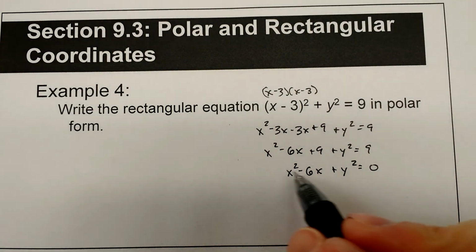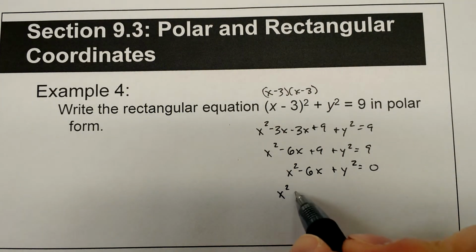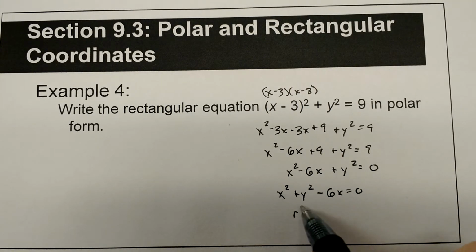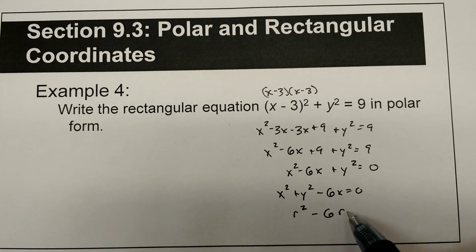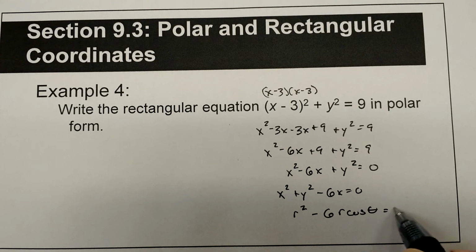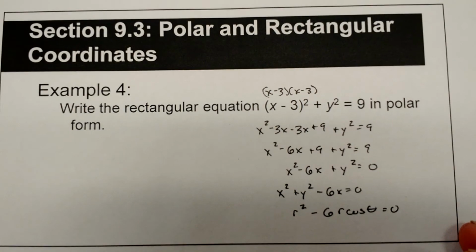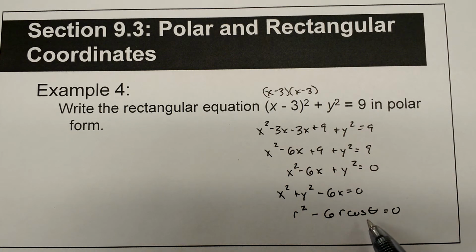Alright, so I'm going to group my x squared and my y squared, because I know that this is r squared, and x is equal to r times the cosine of theta. So you have this equation. I want to solve for r here.